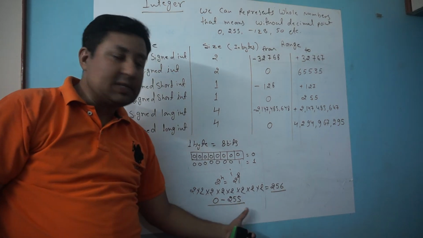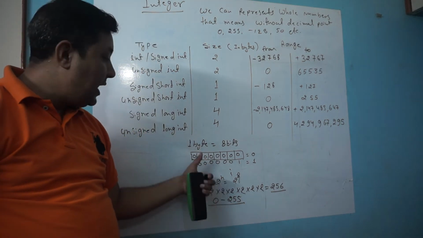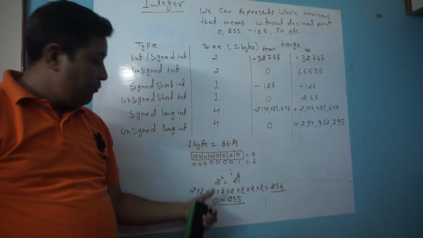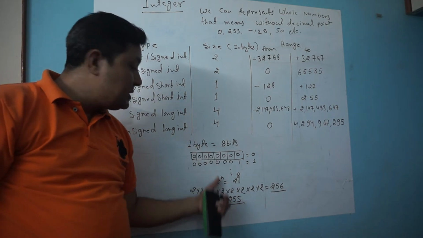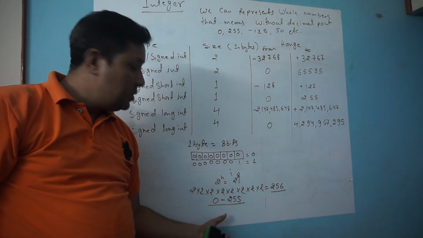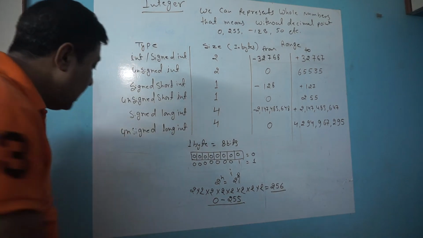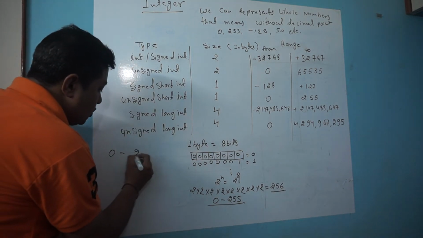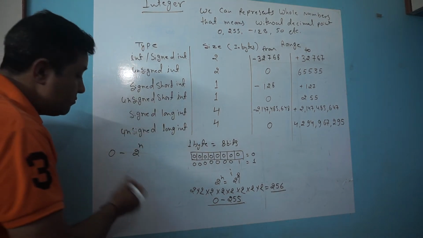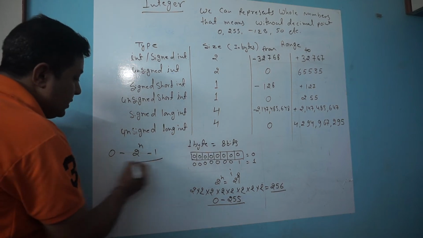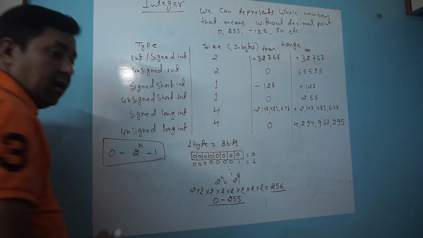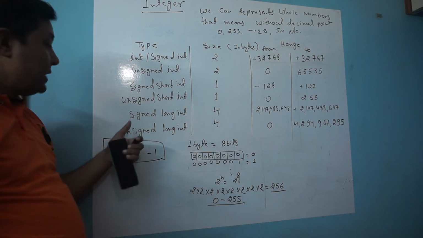The formula to calculate the range for unsigned data types is that the maximum we can represent is 0 to 2 to the power n minus 1. That is the formula for the data types we take as unsigned.